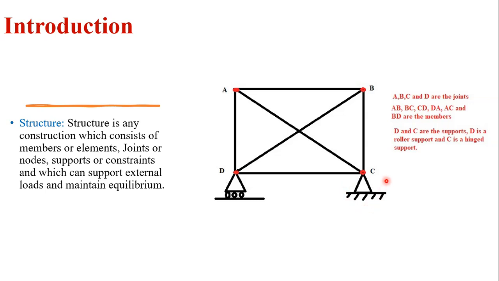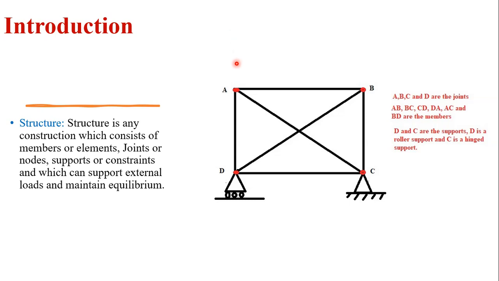Again, we will discuss the different types of supports later. So here D is a roller support and C is a hinged support. So this entire construction or assembly of members connected to each other with the help of joints is resting on two supports. Now if we apply some load on this structure or assembly, it can support the load.